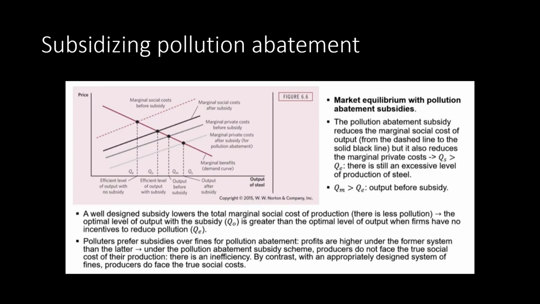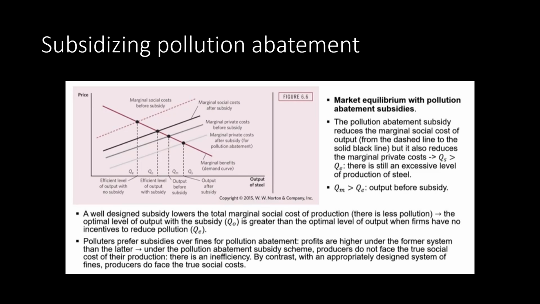But it also reduces the marginal private costs. So at QS and QE, there is still an excessive level of production of steel. QM is greater than QE, the output before subsidy.